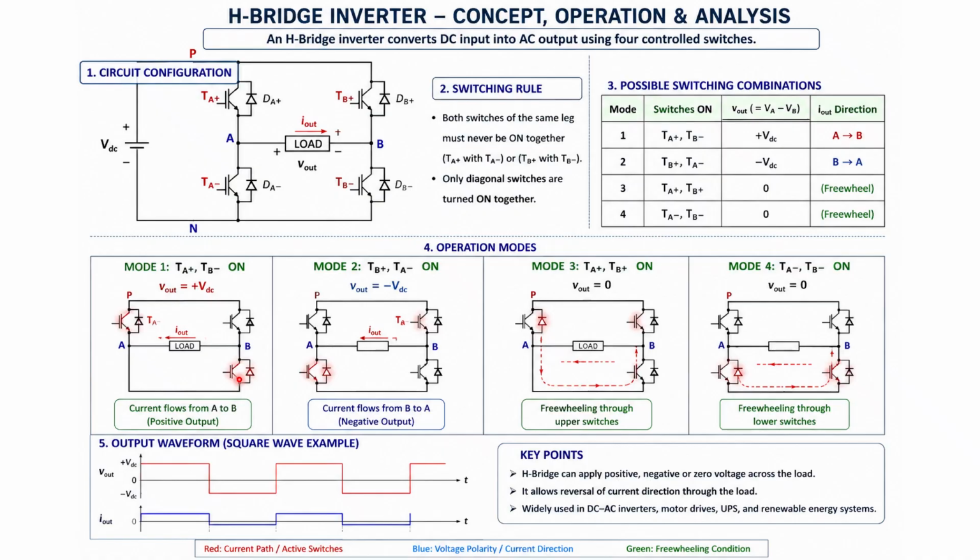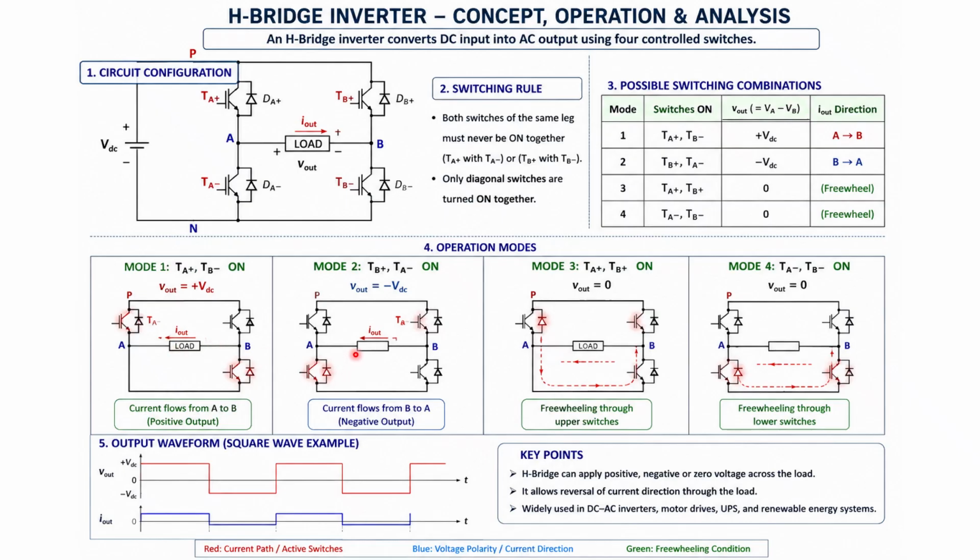Current flows from the positive terminal of the DC source through the load, from point A to point B, and then through TB minus to the negative terminal. The output voltage is plus VDC, and the load current flows from A to B.